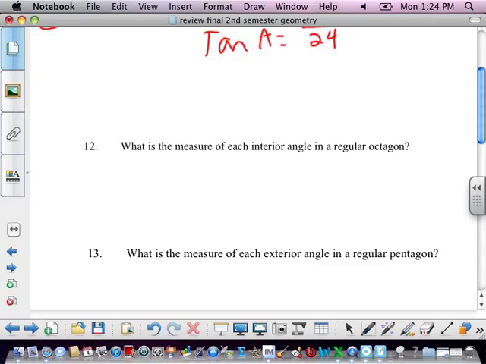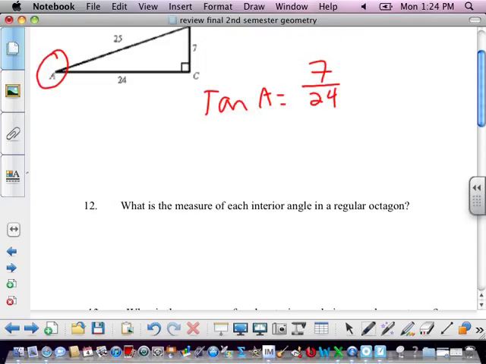What is the measure of each interior angle in a regular octagon? How many sides does an octagon have? Do you guys remember this formula? N minus 2 times 180.